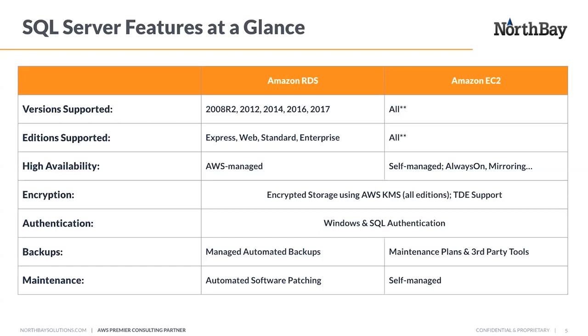Maintenance, automated software patching, then again, on EC2, it's self-managed, right? One of the things which I have experienced in my 7, 8 years in cloud transformation with some large organizations is that automated software patching is good, but still you need expertise within your team, people who understand how it impacts your current application workload to be specific.